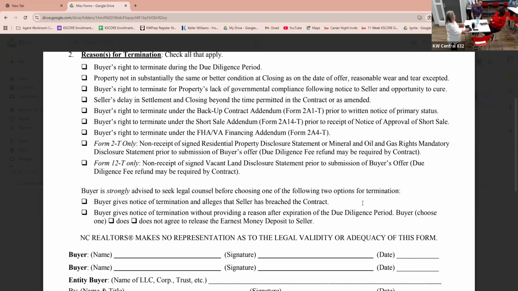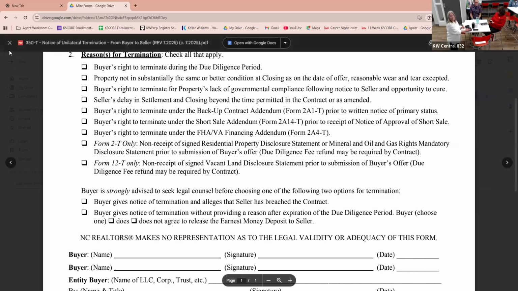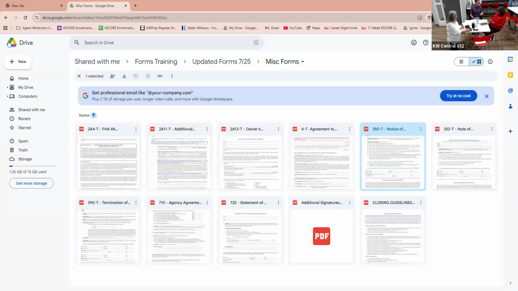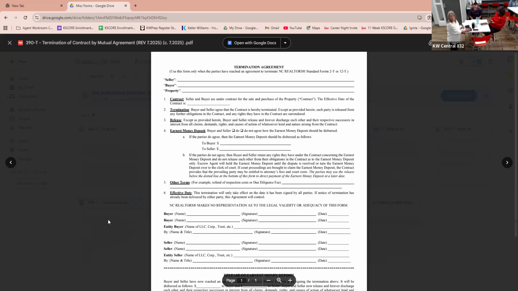Now, going back to it didn't appraise, if it's FHA or VA, make sure you know that document and what it states, because there are things in that they could possibly be tied to. That's why you've got some of these that say FHA, VA financing addendum. There's just the one.